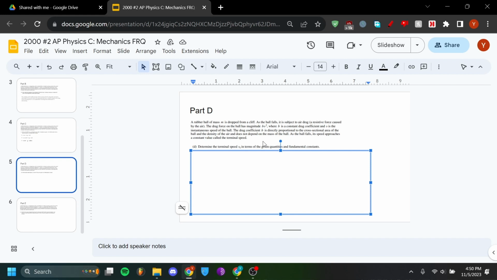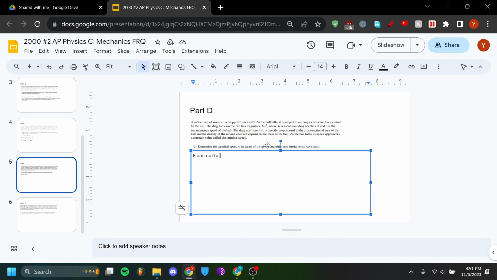So what we do next is F equals ma. Determine the terminal speed in terms of the given quantities and fundamental constants. At terminal speed, the acceleration is going to be 0, because terminal speed means that the speed has hit a constant, so it's not accelerating anymore, meaning a equals 0.